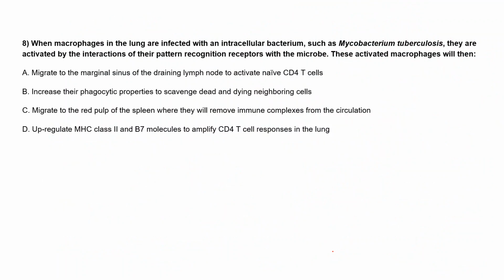So moving to the next question. When macrophages in the lung are infected with an intracellular bacterium such as Mycobacterium tuberculosis, they are activated by the interaction of their pattern recognition receptors with the microbes. These activated macrophages will then, option A, migrate to the marginal sinus of the draining lymph node to activate naive CD4 T cells.